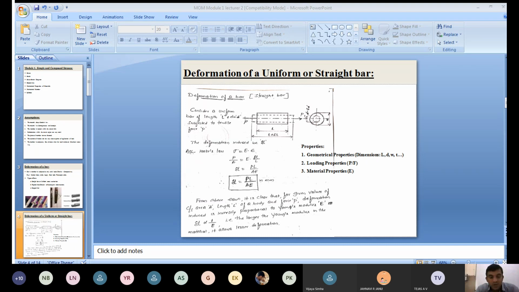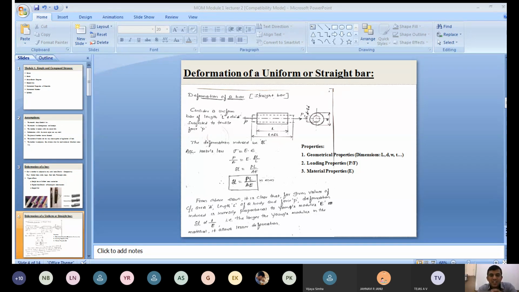The best example I have given is the plastic chair and the metallic chair. If one person sits on a plastic chair, it can withstand that load. If 2, 3 or 4 members sit on the plastic chair, it will not withstand that load and will collapse.